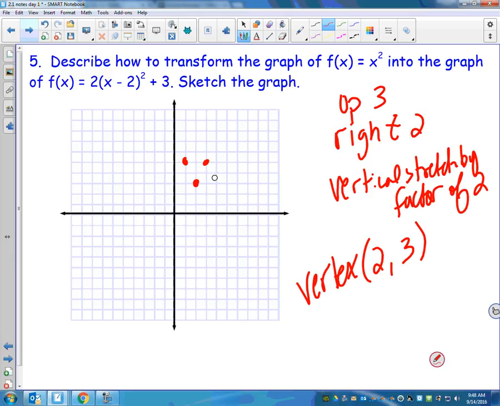If I went over 2, I would go up 1, 2, 3, 4, 5, 6, 7, 8. Again, should feel very familiar to what we did on the test yesterday. Hopefully.